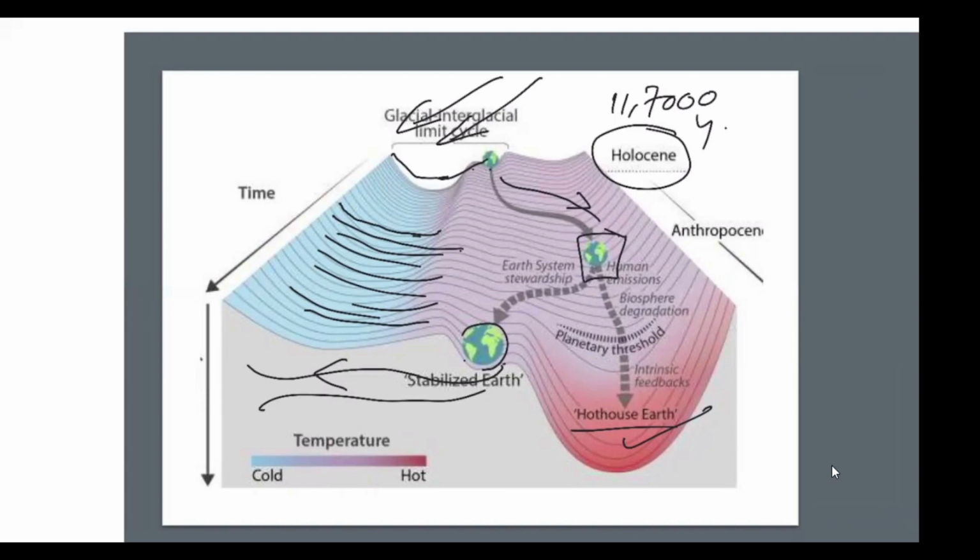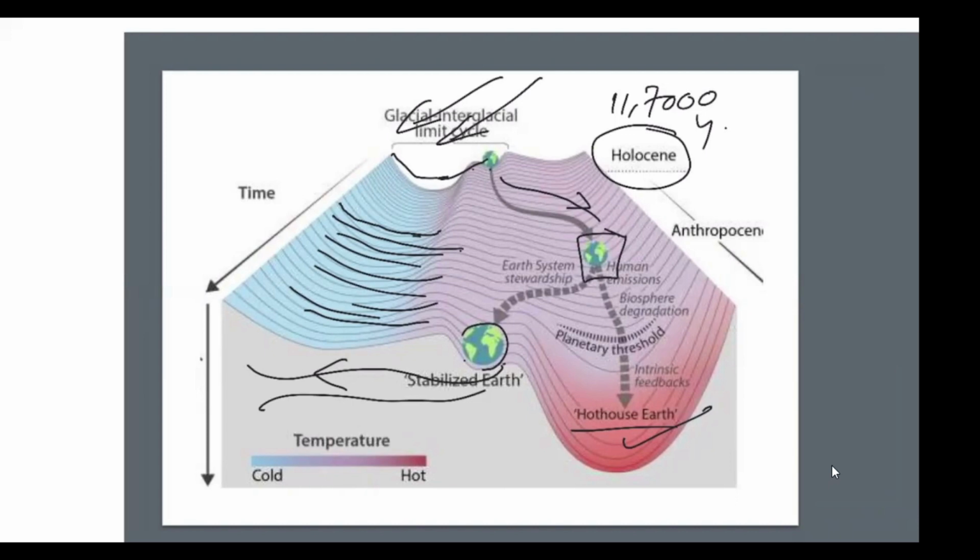What does this mean? This means that agriculture plus the industrial revolution pushed the Earth away from this glacial interglacial limit cycle.